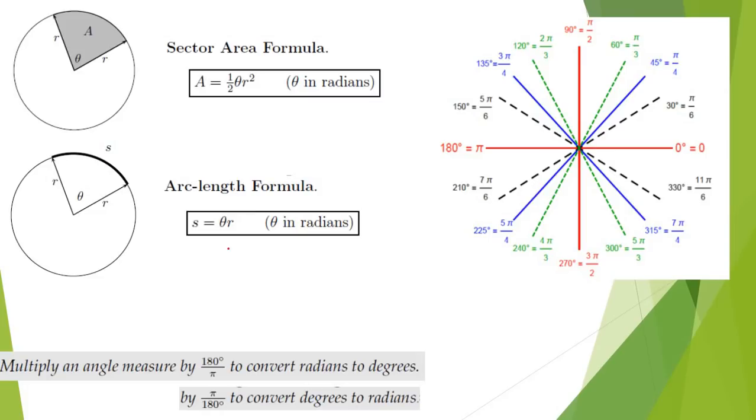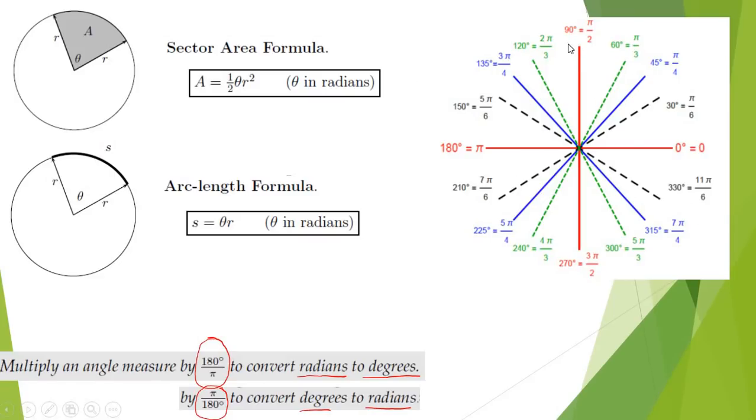So we have this corresponding factor. We use this factor to convert from radians to degrees, and we will use the inverse factor to convert from degrees to radians. Now let us have some illustrative examples.